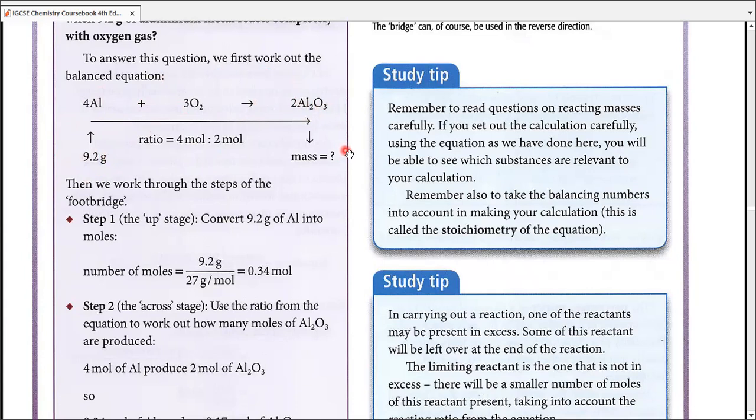Now remember, since this question is about mass over here and mass over here, I do not suggest you use the footbridge for it. The way it can be done is a perfectly good way if we only use the ratio method. If we don't use the molar ratio, instead we just use the mass ratio. This is 27.